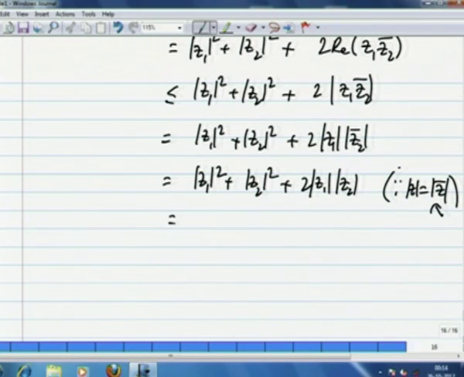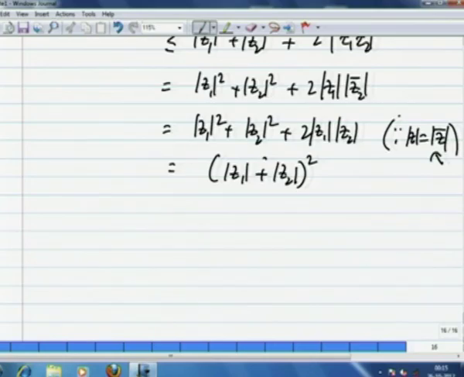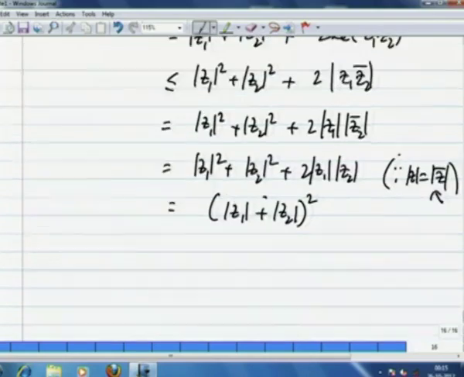Okay. And then this is the square of the modulus of z 1 plus modulus of z 2. It is the square of the sum of these two real numbers.